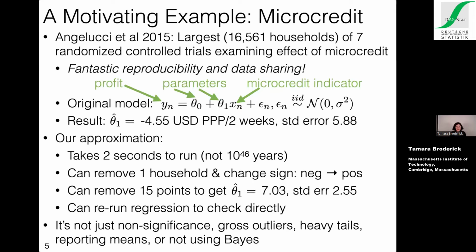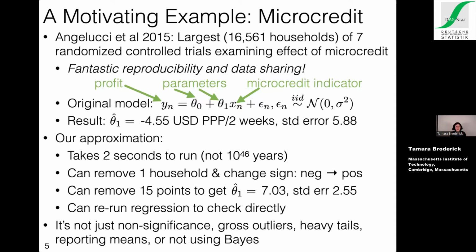We're going to see later examples where people trimmed gross outliers in advance, and you can still be sensitive. So it's not just about gross outliers. We're going to see examples later where you can have light tails or be reporting means, and that's not decisive, that you can be either non-robust or robust.